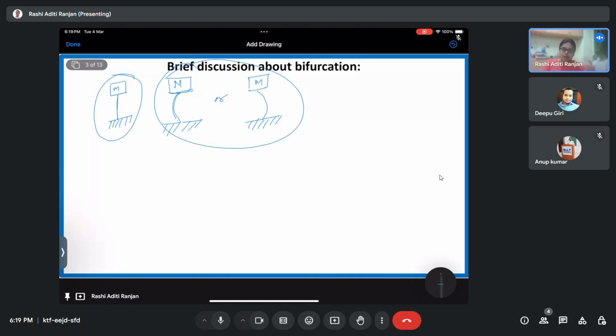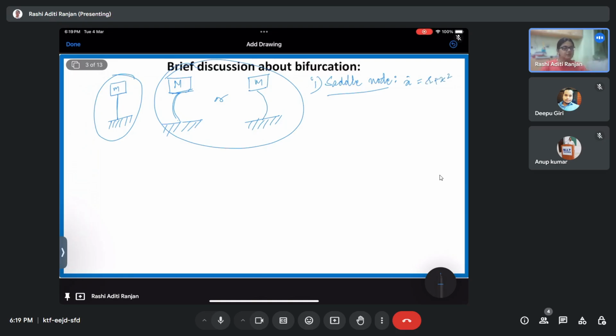Okay, and from here comes the concept of bifurcation, right? So we discussed different kinds of bifurcations. The first one, if you remember, was the saddle node bifurcation. If you remember its equation, it was something of this type: x dot equals r plus x squared, where r was my parameter.